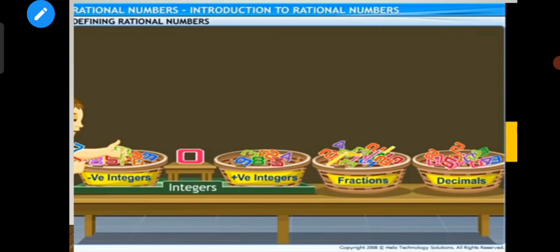Whatever negative integers there are, they are rational numbers. Whatever positive integers there are, they are also rational numbers. Whatever fractions there are, they are also rational numbers. And decimals, if they are recurring or terminating, then those decimals also represent rational numbers.